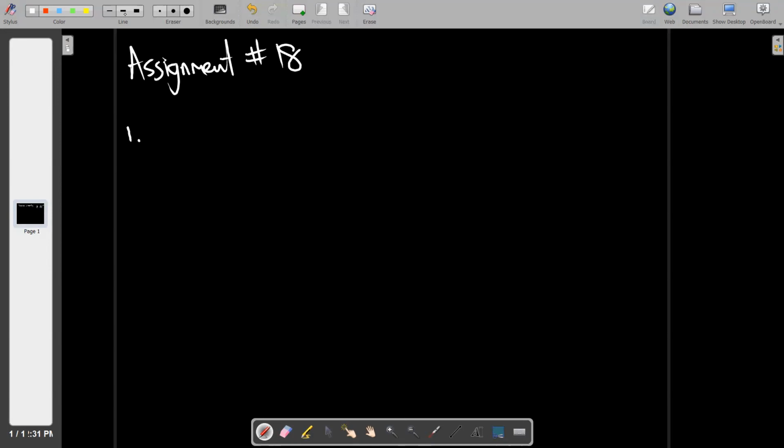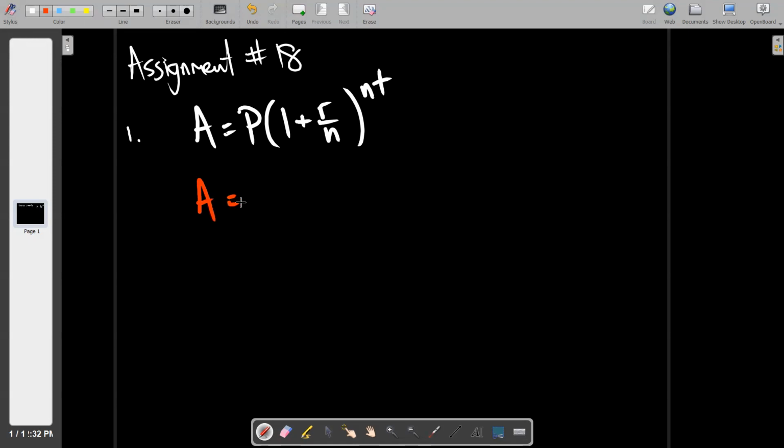I'm going to copy down first off the correct formula, which, since n equals 2, is the periodic. Which is this guy. And what am I going to put in place of A for problem number 1? A. Very good. When you don't know what it is, just leave it as itself, the letter itself.